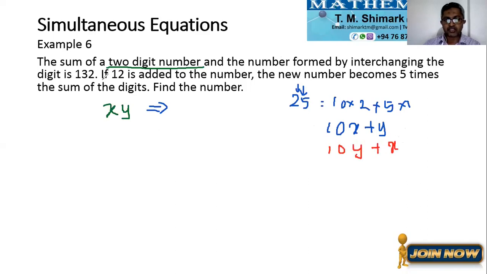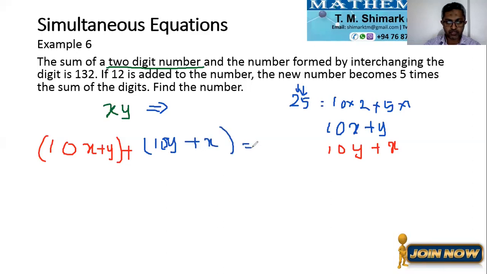The addition is 132. So 10x plus y plus 10y plus x is going to be my 132. I know it's a little difficult, but we'll practice this kind of question.